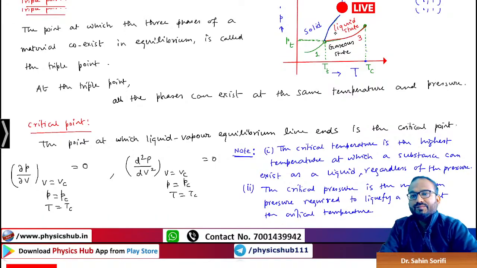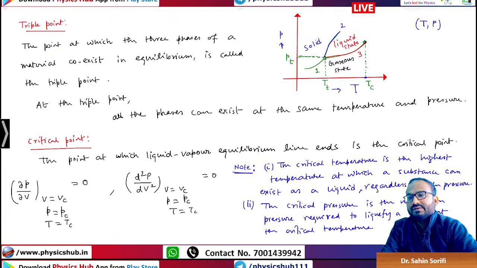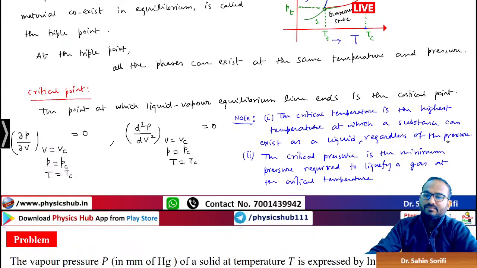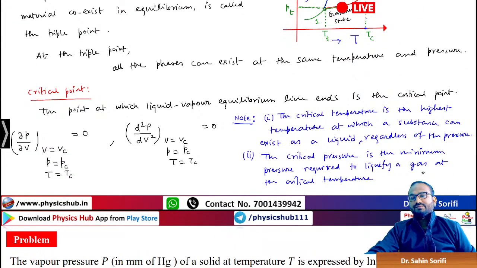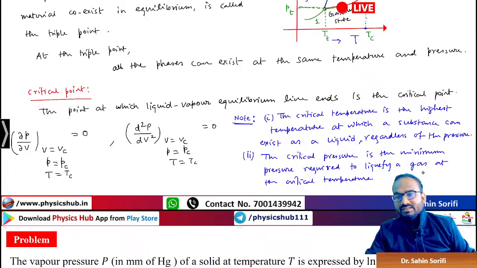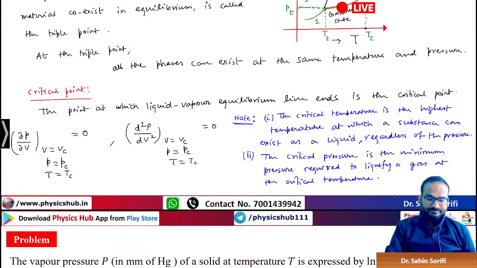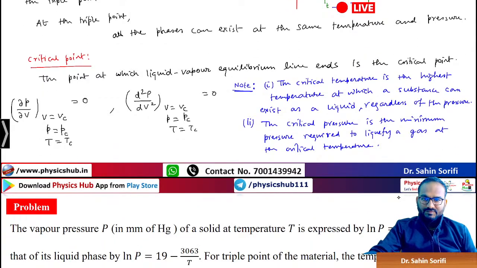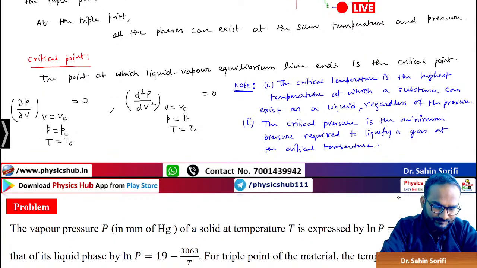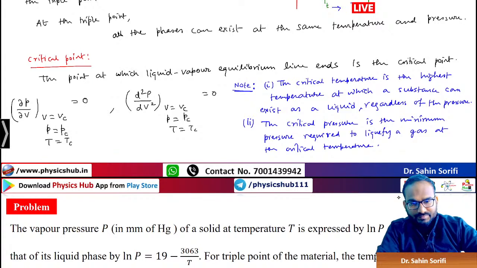Okay, you can see it is the minimum pressure; you can go beyond it. So the critical pressure is the minimum pressure required to liquefy a gas at critical temperature. So these 2 points, you write as notes. And once it is done, we'll go for some problem.